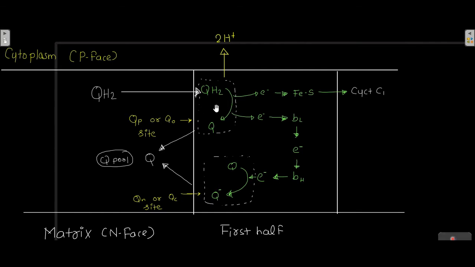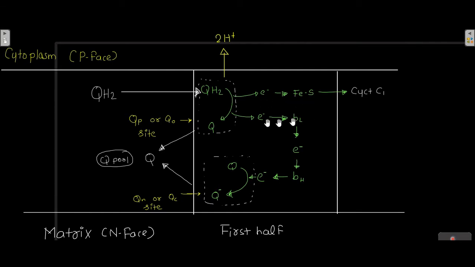One electron of the QH2 is donated to FeS, which then goes to cytochrome c1, and the other electron is transferred to the bound Q, which then gets converted into ubisemiquinone.